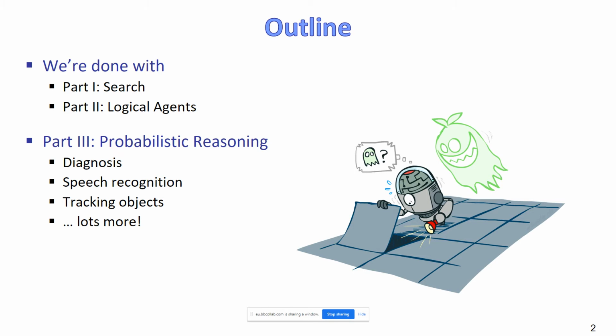What is the chance that this email is spam, given that I see the word buy in that email? What is the chance that if I take the AI course this semester, I will get an A? All of these questions have uncertainty in them. We are not sure what the actual outcome will be.